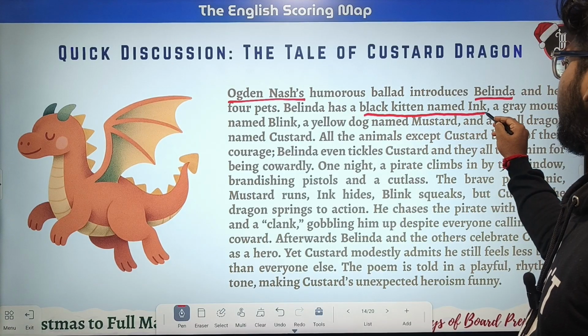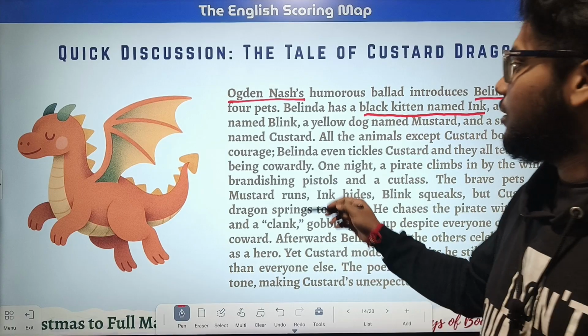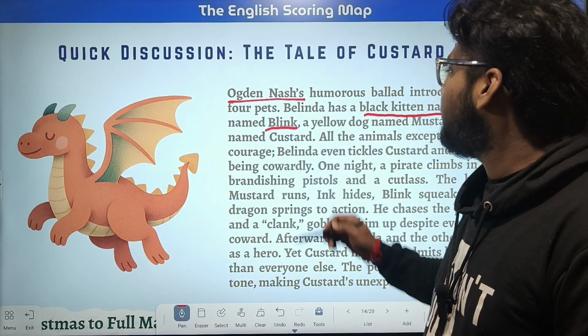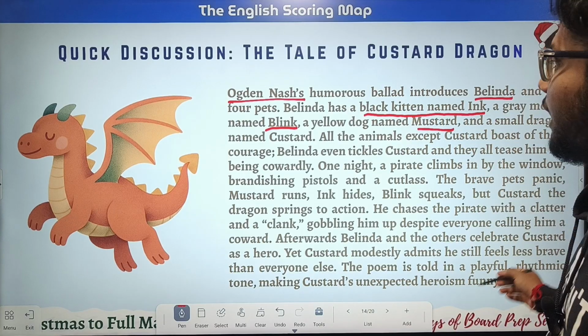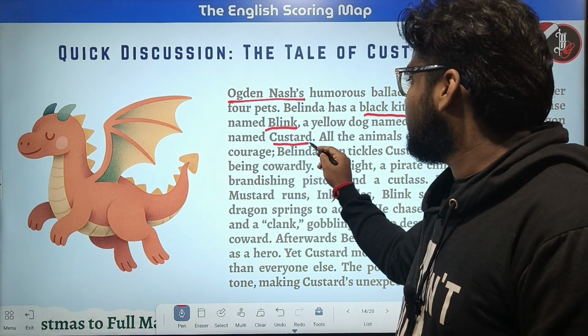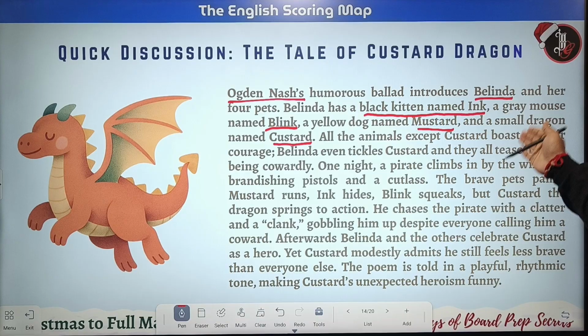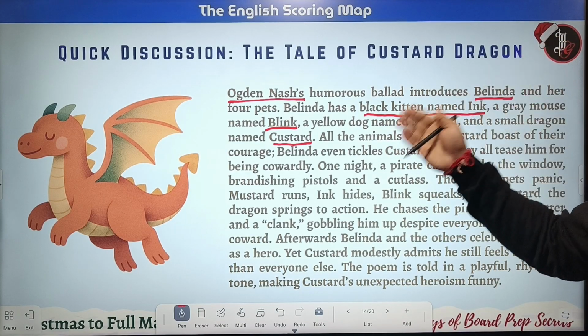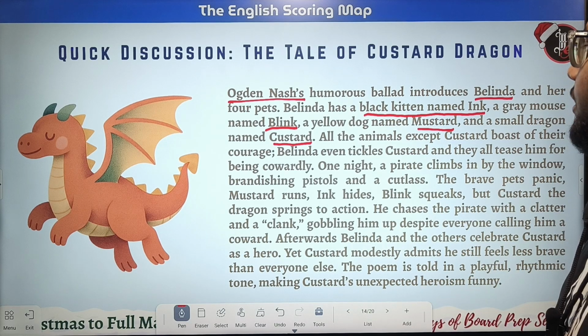A grey mouse named Blink, a yellow dog named Mustard, and a small dragon named Custard. So we have to remember the names of the four pets, which are Ink, Blink, Mustard, and Custard. Now these are very rhythmic names, rhymed very cleverly.